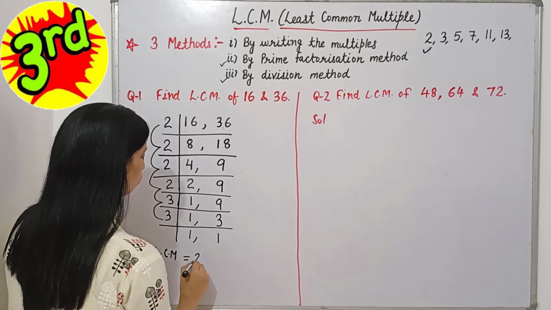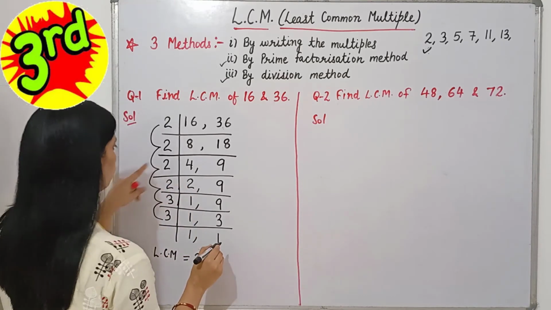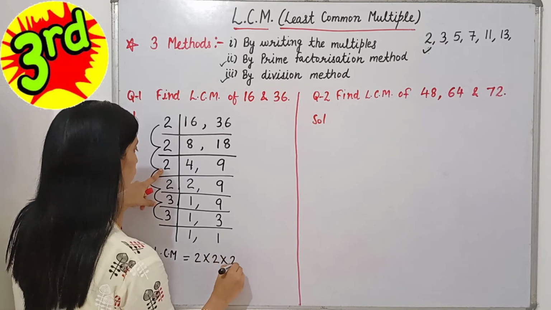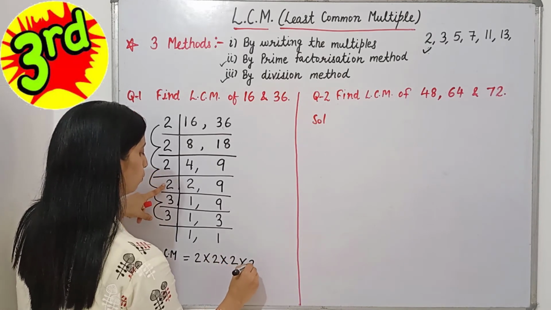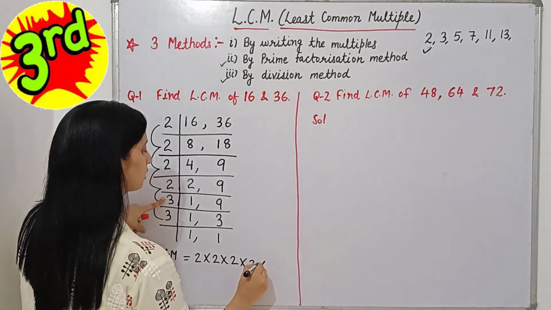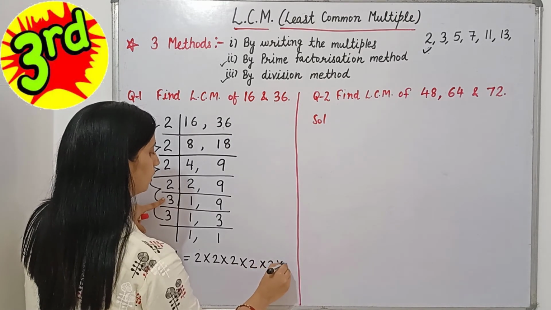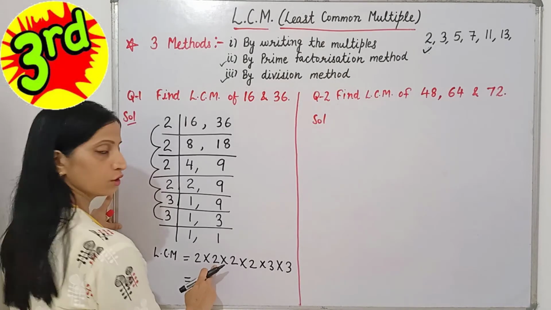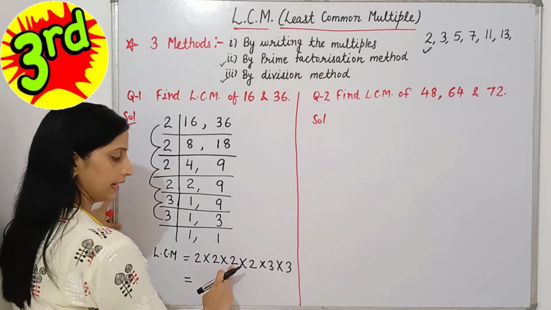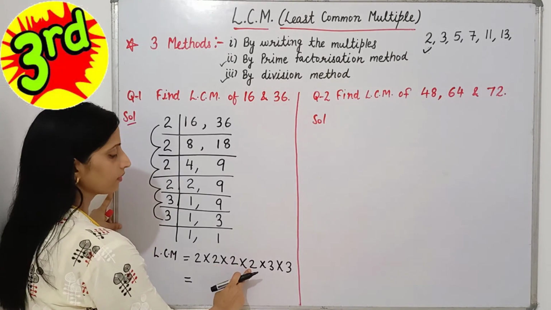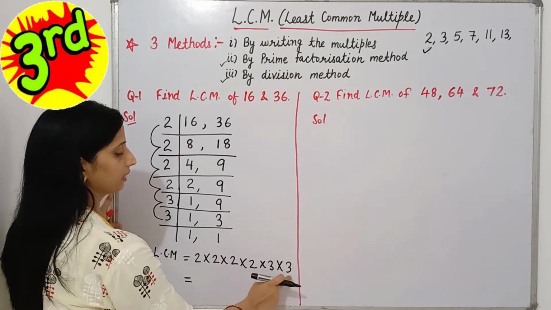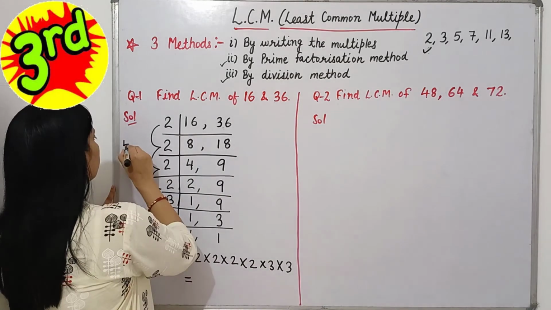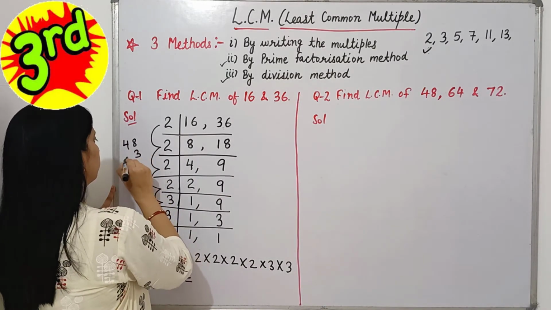So it will be 2 multiplied by 2 multiplied by 2 multiplied by 2. So 2 is coming 4 times and 3 is coming 2 times. Now just find the product of these. 2 2s are 4, 4 2s are 8, 8 2s are 16, 16 3s are 48, and 48 multiplied by 3.